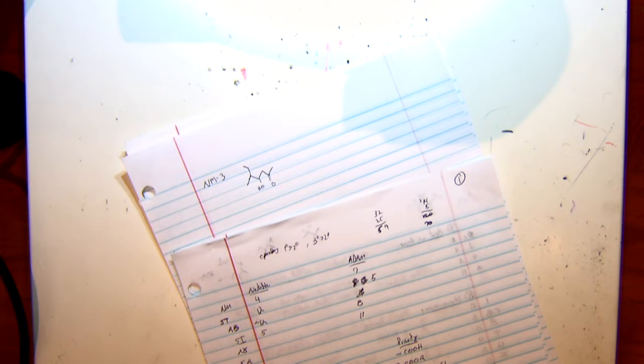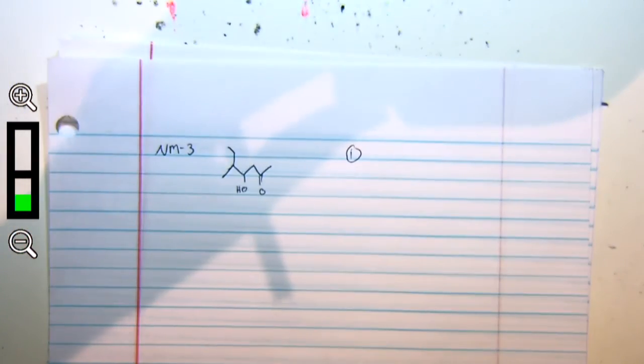So if I were to make a list of the things I should do for naming, I'm going to make a generic list on how to approach naming. Feel free to tell me if you can't see anything. The first thing to do is number the parent chain.